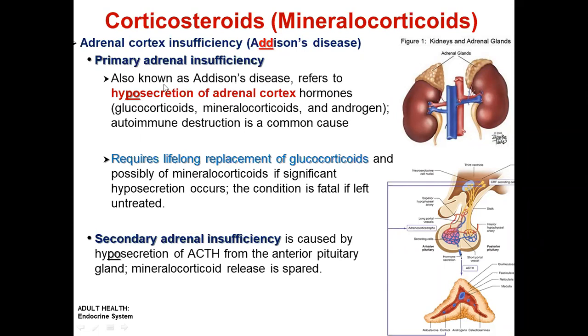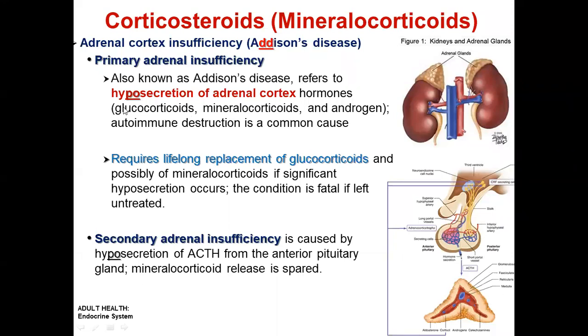Let me read it first. Primary adrenal insufficiency, also known as Addison disease. And Addison disease refers to hyposecretion of the adrenal cortex. When the adrenal cortex does not work well, with hyposecretion or insufficiency, they do not produce their secretion or hormones like glucocorticoid, less secretion, mineralocorticoid, less secretion, or aldosterone, less secretion.